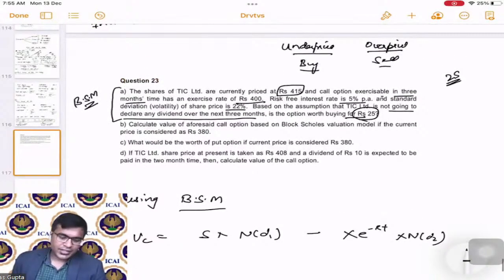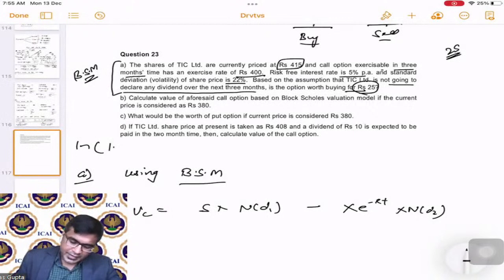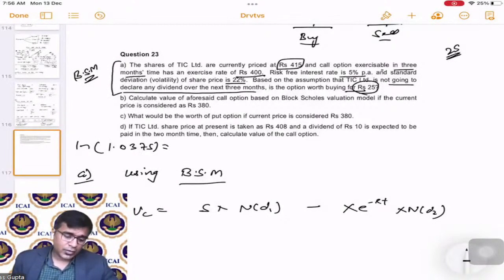Now, one more thing I have to tell all of you: please add these 2-3 data points here. I will tell you even how to calculate the natural log as well. It's very easy. There is a calculating trick. But as of now, I'm just giving you all these values. 0.03681.